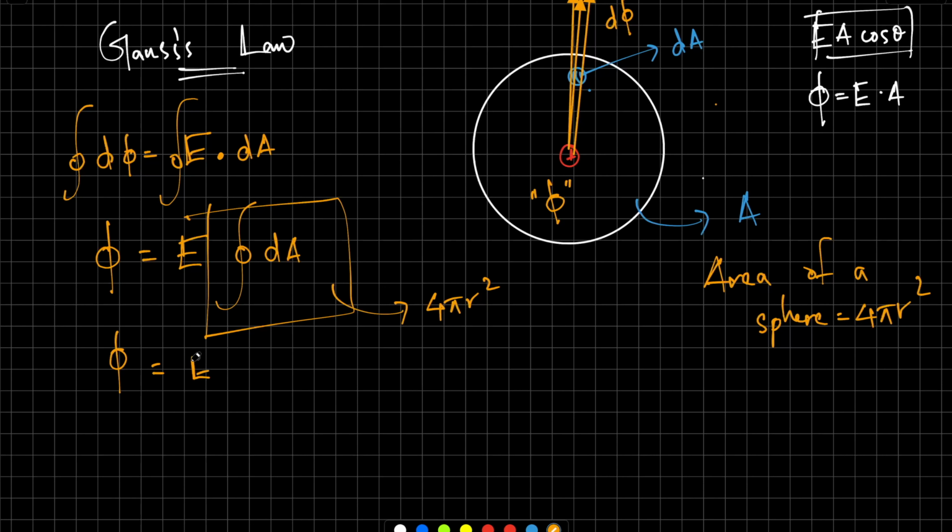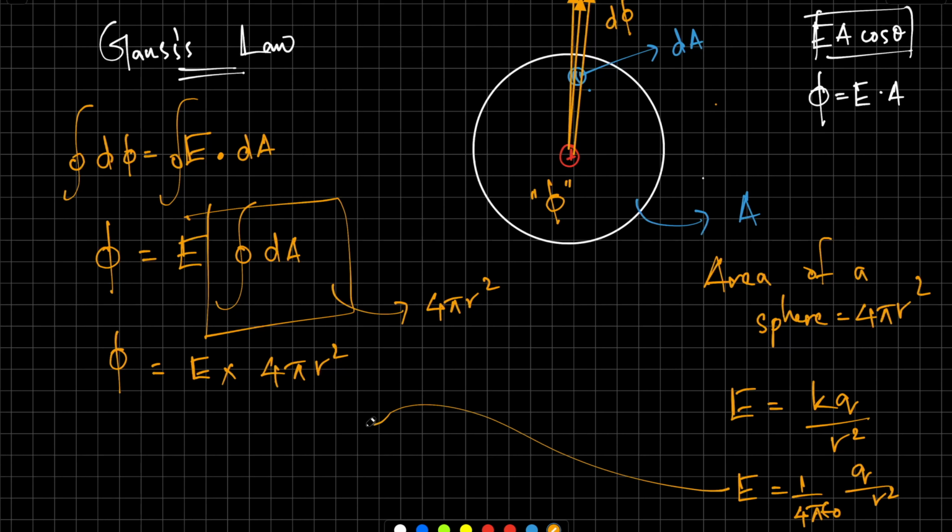So E times 4 pi r square. And what's the equation for electric field? It is kq over r square, where k is the Coulomb's constant, that is 1 by 4 pi epsilon 0, times q by r square. I'm going to substitute it here.